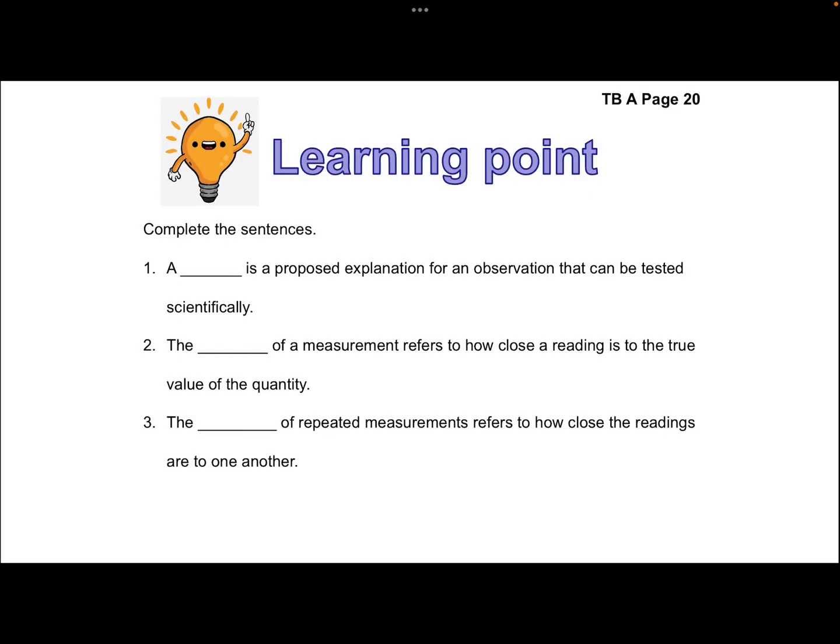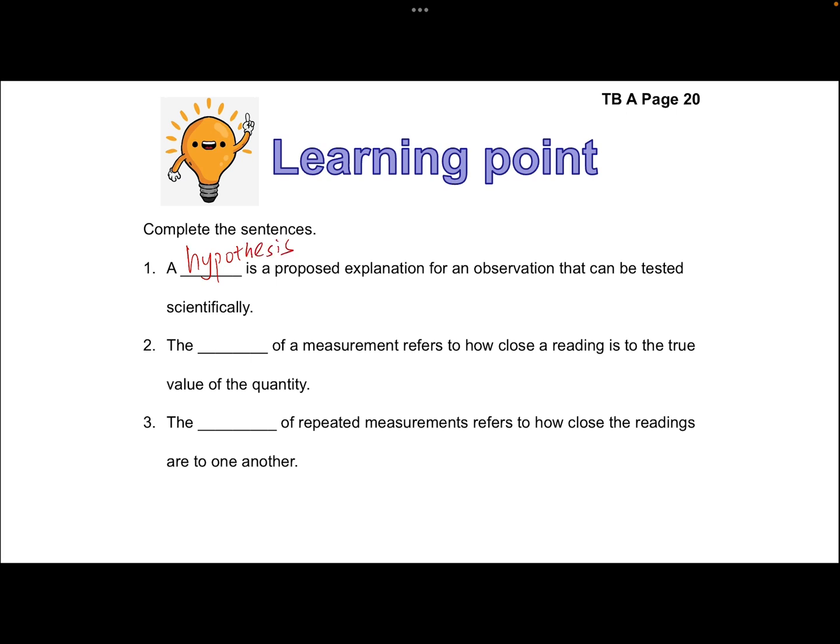So learning points, okay? Complete the sentence below. Something is a proposed explanation for an observation that can be tested scientifically. So make a guess, what's the answer? A hypothesis, okay?